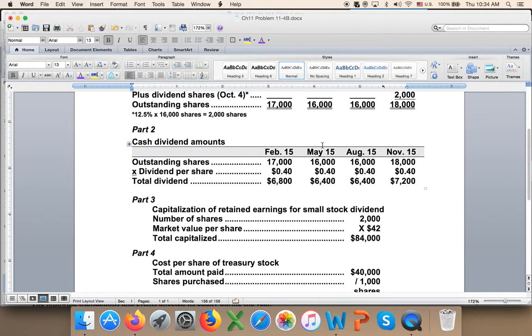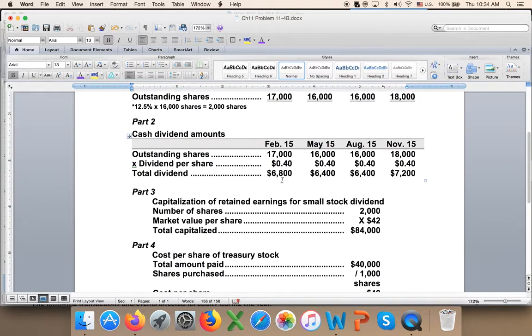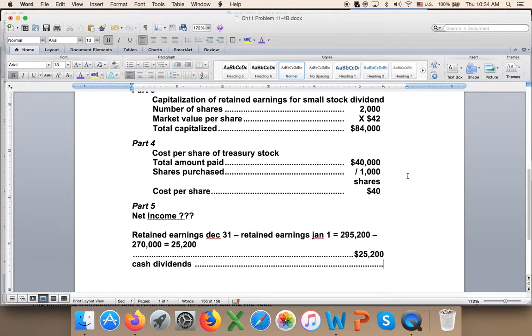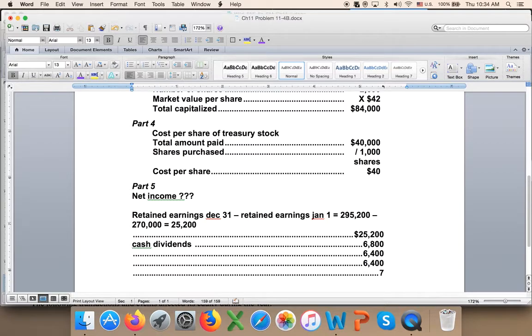So I'm just going to take these amounts from number 2, 6,800, 6,400, 6,400, 7,200. I'm adding them back in because net income is earned, and then I subtract cash dividends. Now I have to reinstate what net income was, so I'm adding them back. 6,400 twice, 2 dates, and then the last date is 7,200.